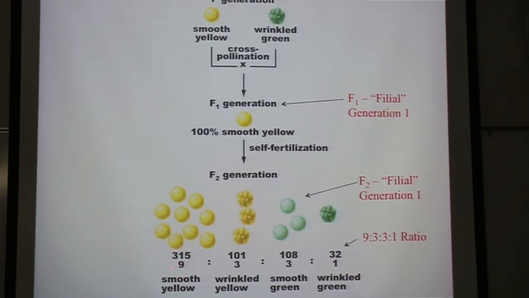You would have 9 that are smooth and yellow, 3 that are wrinkled and yellow, 3 that are smooth and green, and 1 out of 16 that are wrinkled and green. That's the famous 9-to-3-to-3-to-1 ratio of the F2 when you do what's called a dihybrid cross, looking at two different genes at once. Okay, we're going to stop there, and I'll walk you through that on the big Punnett square coming up.